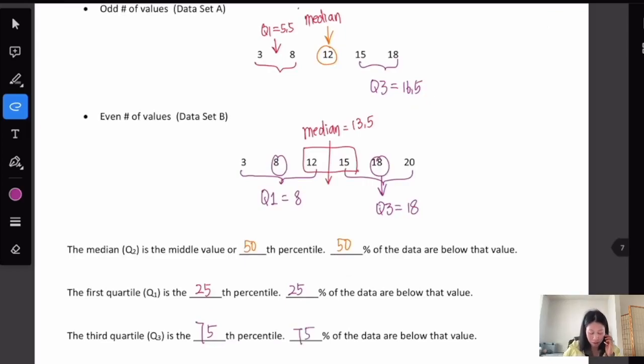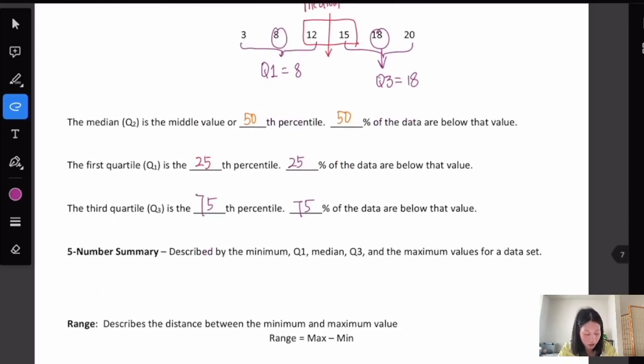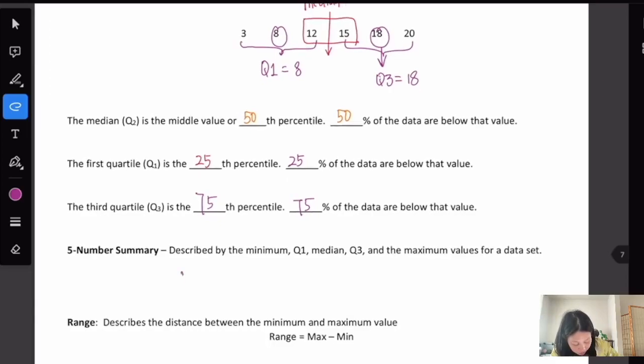Okay, the five number summary is described by the minimum, Q1, median, Q3, and the maximum value. So that's the five number summary. Minimum, Q1, sometimes we say Q2 or median, then Q3, and then maximum.